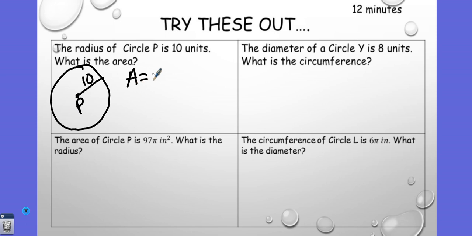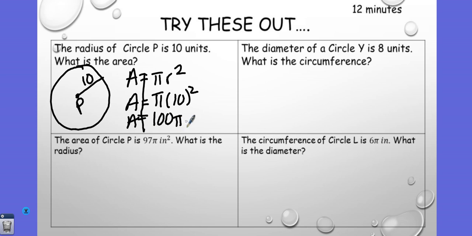So area equals pi r squared, so area equals pi 10 squared, so area equals 100 pi, and you could say units squared, or you can say area equals 100 times 3.14.